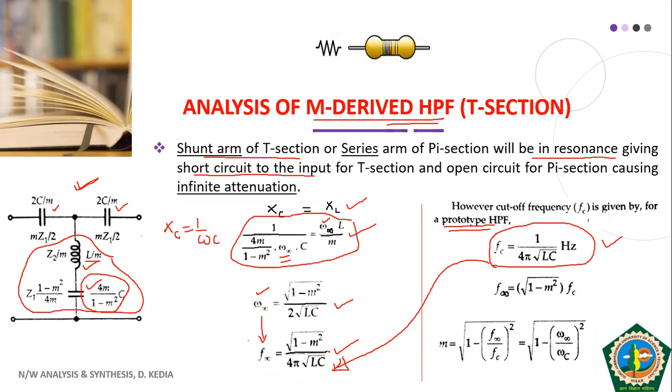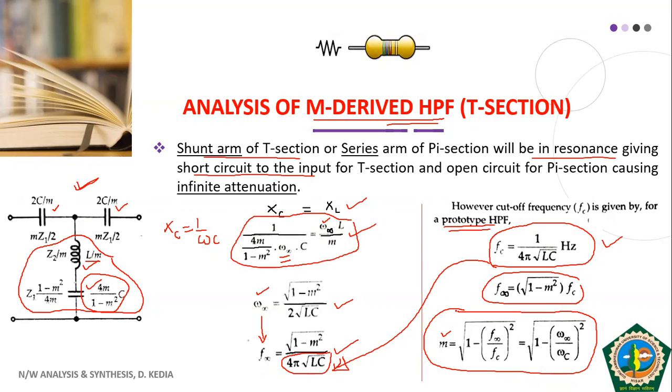If you substitute Fc in place of this, we get F infinity equal to under the root 1 minus m square into Fc. And from here, we obtain the value of m in the same way as we had obtained.